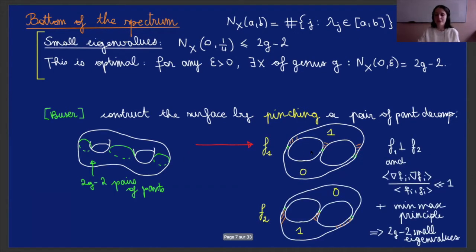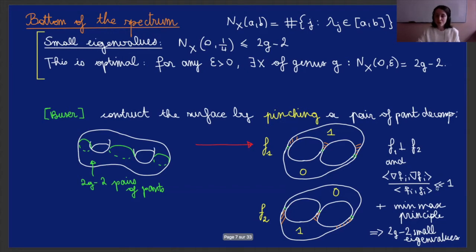So then you can construct some functions, each function supported in one of the pairs of pants. It's 1 inside the pair of pants, and it goes slowly from 1 to 0 along the cylinder, and it's 0 on the other pairs of pants. On each pair of pants you can define a function like this. And this is going to give you a family of orthogonal functions.